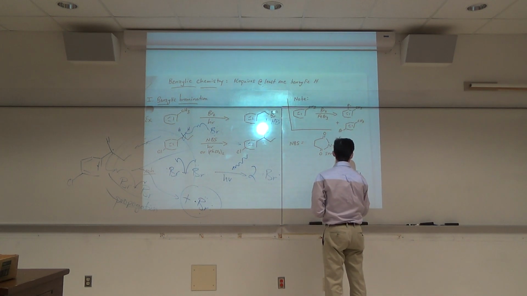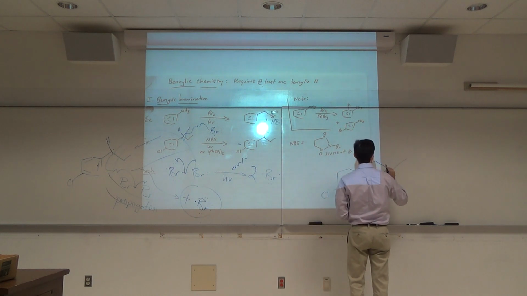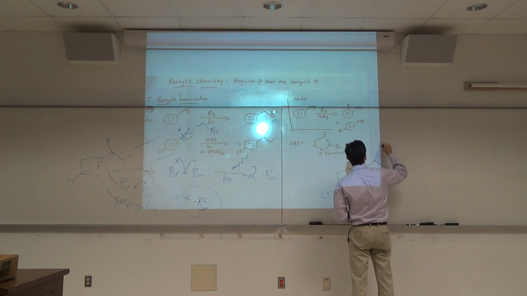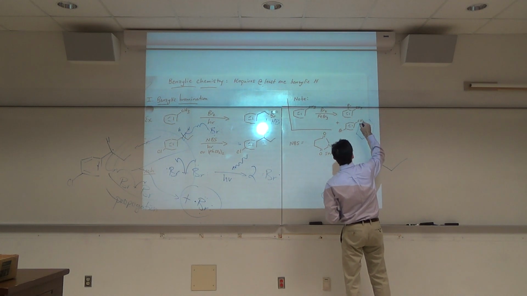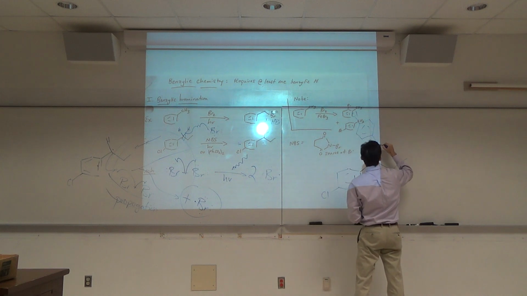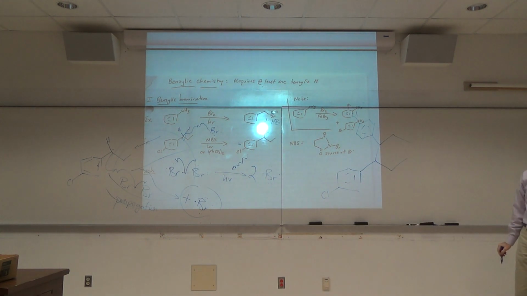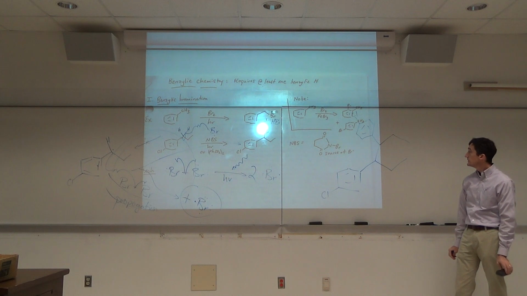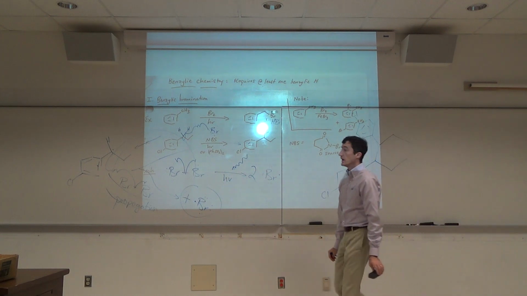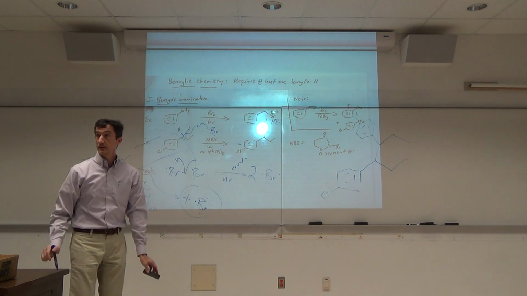How would we make this product? You see that? How would we make that product? Such products are known to be formed in these reactions. Two radicals. Two benzylic carbon radicals coming together to make a carbon-carbon bond.